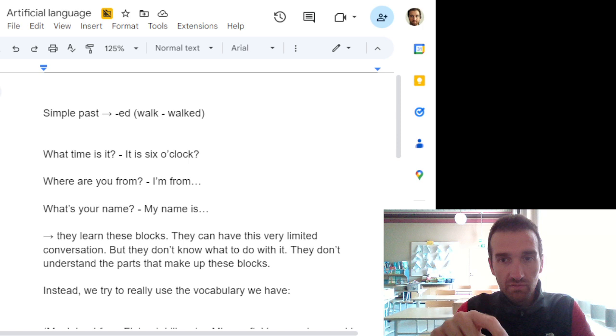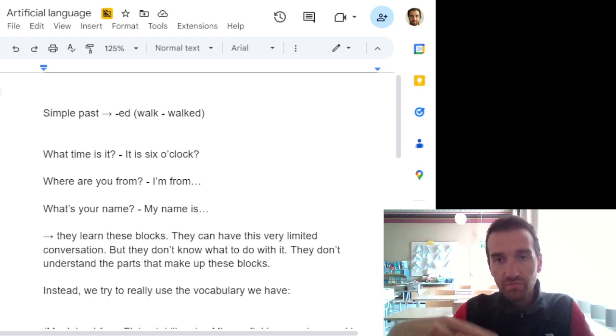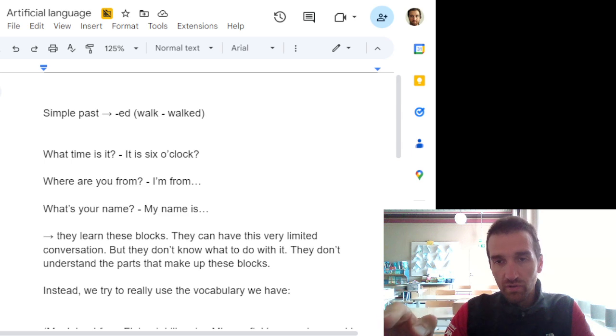So they have to put the ed ending of the simple past. They can do this for like 10 sentences, but only because they can do it for the 10 sentences in this exercise correctly does not mean that they understand the simple past, does not mean that they can use it in a spoken text, does not mean they can use it in a written text.